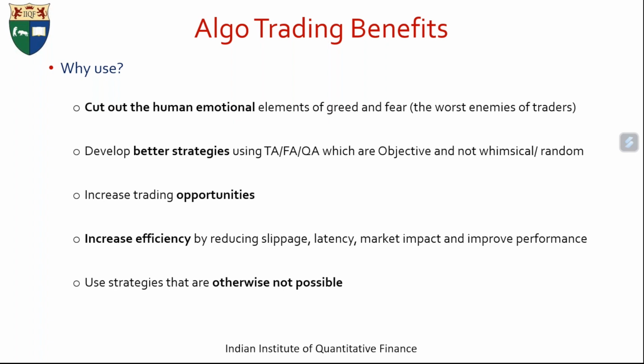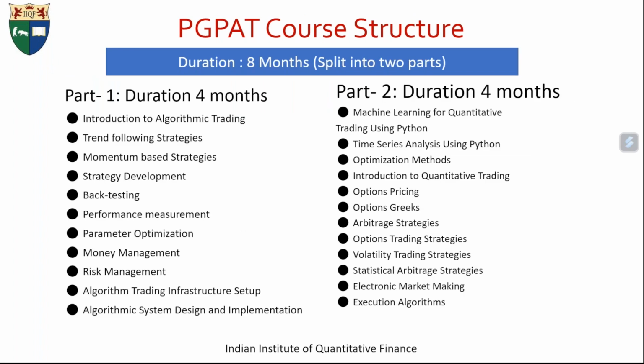So now, if you wish to learn algo trading, as I mentioned, we do have courses to comprehensively teach you that. The main course is called a postgraduate program in algorithmic trading, PGPAT. It's an 8 month course split into two parts. The first part teaches you all aspects of algorithmic trading using technical analysis based models and trend following strategies, right?